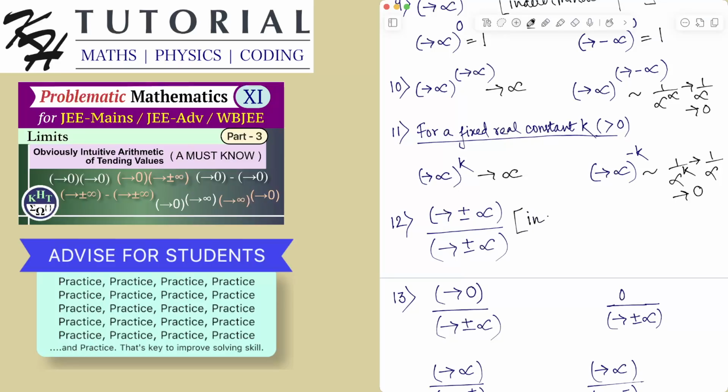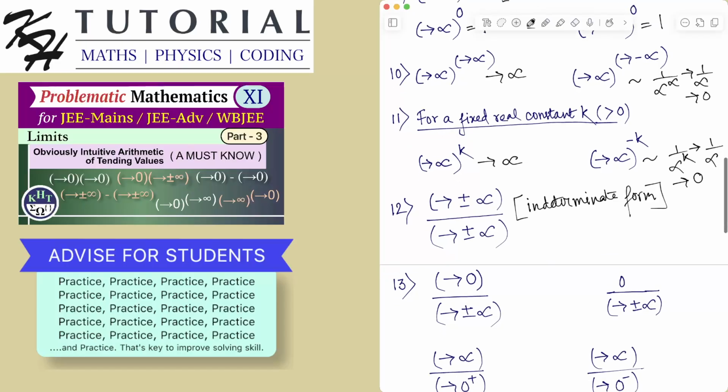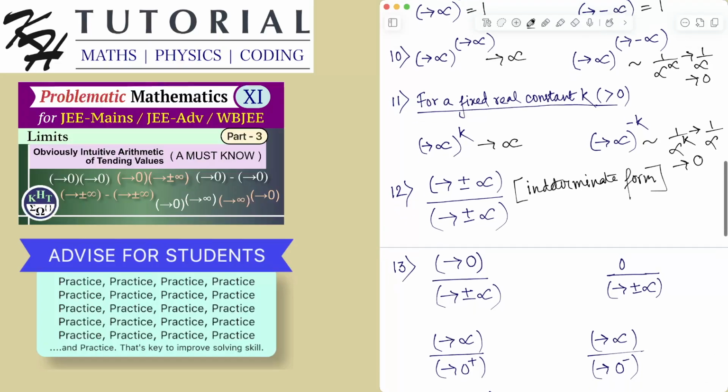Solving limit problems where putting the tending value of x gives one of the indeterminate forms is very important and very critical. I will solve those kinds of problems rigorously in future videos. So this is again an indeterminate form.